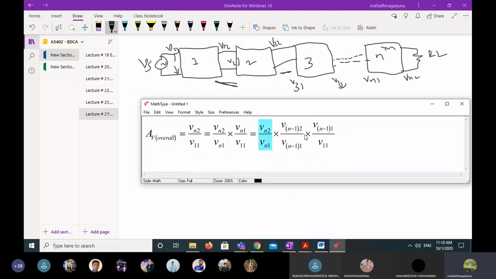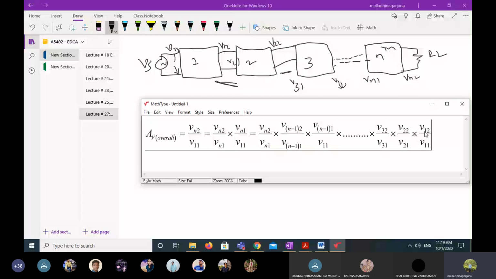So it keeps going like this: V3 divided by V31, V22 divided by V21, V12 divided by, and so on. Now we can compare V12 and V21; both are the same, right?